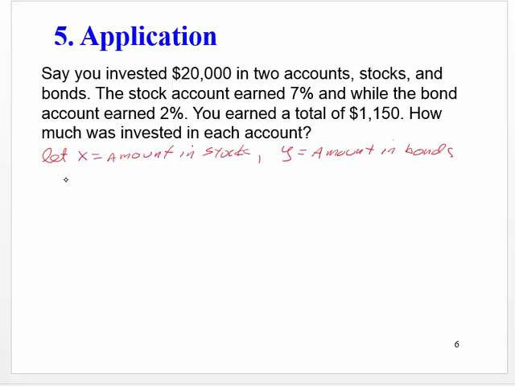So we have x plus y is equal to $20,000 because that's everything I invested. But we also have 0.07 times x plus 0.02 times y, 7% of the amount that we get. So this is the amount of interest, is equal to 1150.